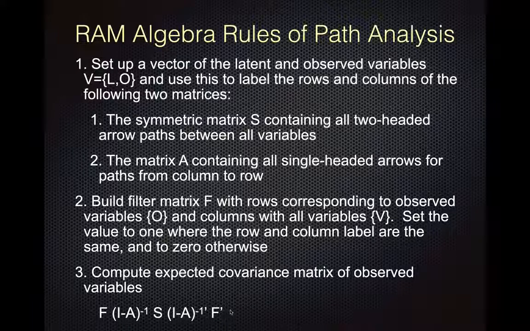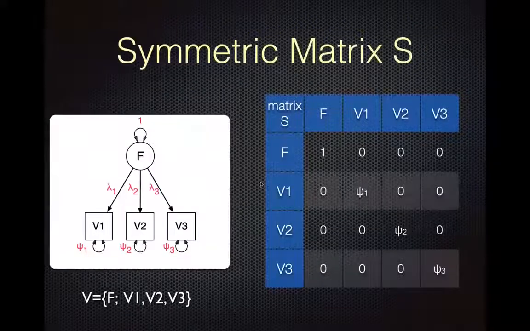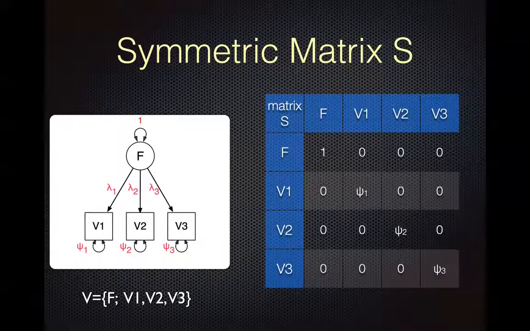And let's have a walk through the factor model that I just showed to see how this works. So first of all, we're going to organize all the latent variables and all the observed variables into a single vector list.